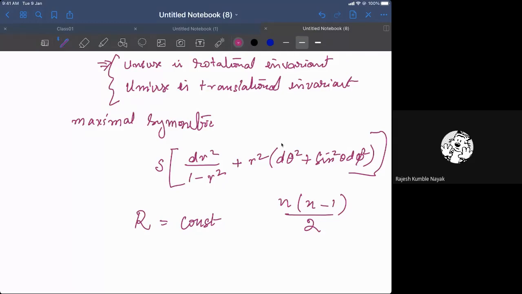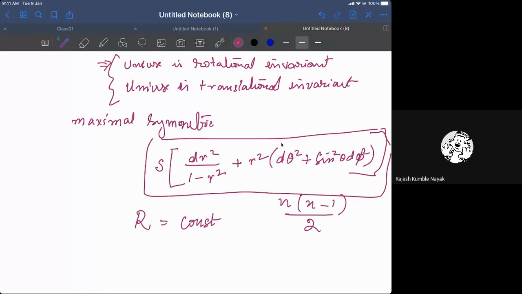So that is where you have all the symmetries. It has 3 rotational invariants and 3 translational invariants, and all combined, this is the metric you have. You can try it out. We will continue with this. If you have some questions, you can ask, and we will continue in the next class.